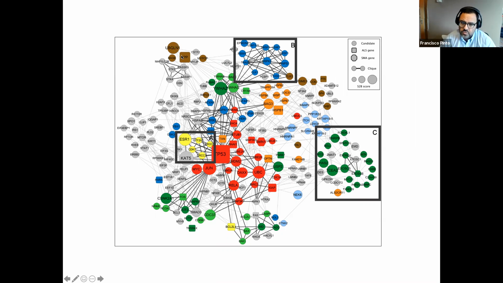And we also identified these clusters, identified by color, that were genes that frequently appear together in the shortest paths linking the two diseases. So we get these clusters, and we analyzed functionally these clusters because there was for most of them previous evidence that these genes were associated with mechanisms that are common to both diseases.